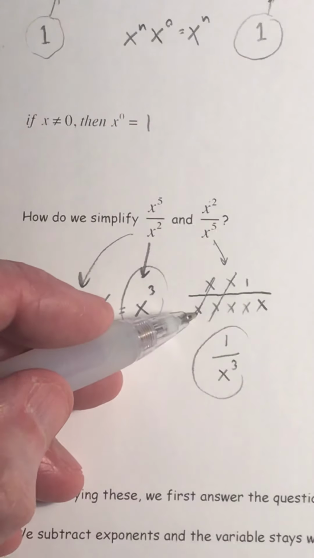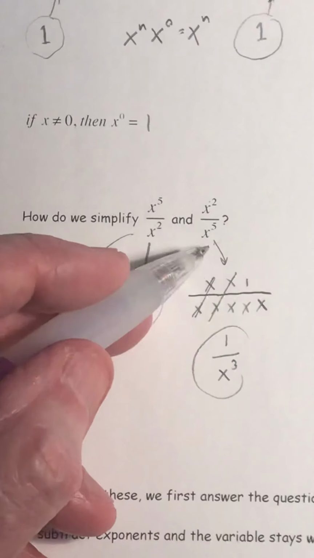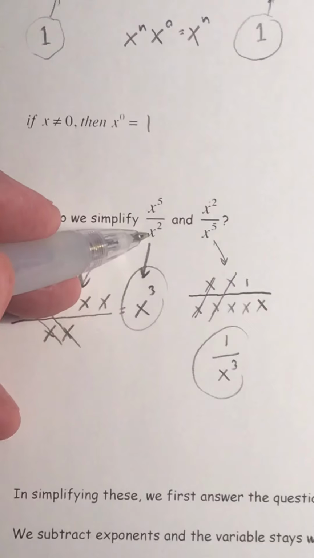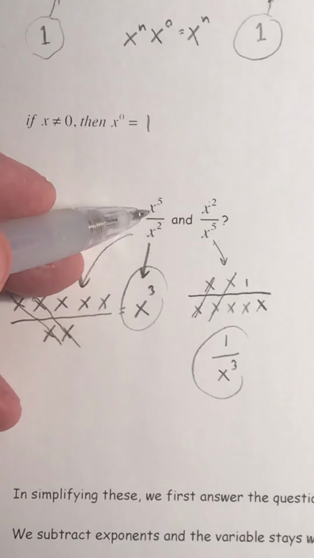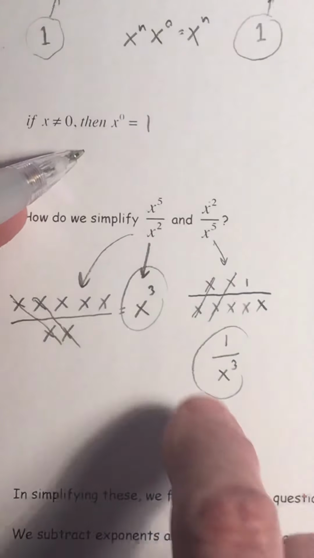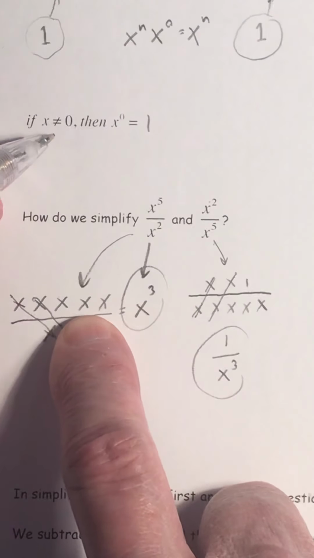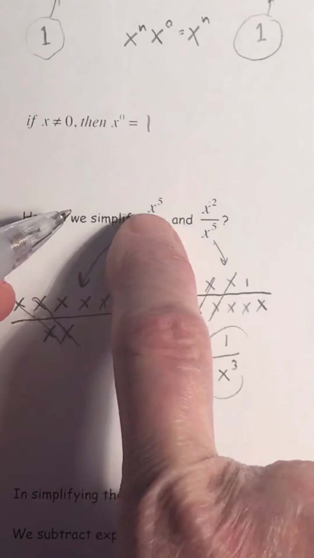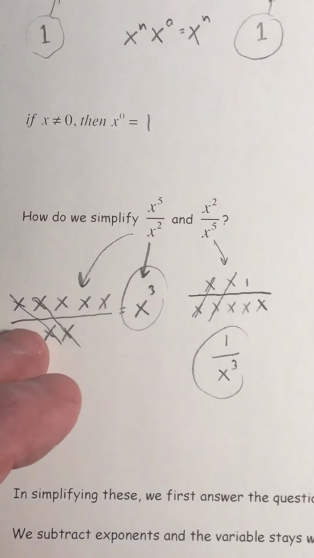Here, there were more of them in the bottom of the fraction. So, very simple rule. When you have something to a power over the same thing to a different power, you reduce by subtracting the exponents, leaving the thing, the base, the x, the whatever it is, wherever there were more of them to begin with.